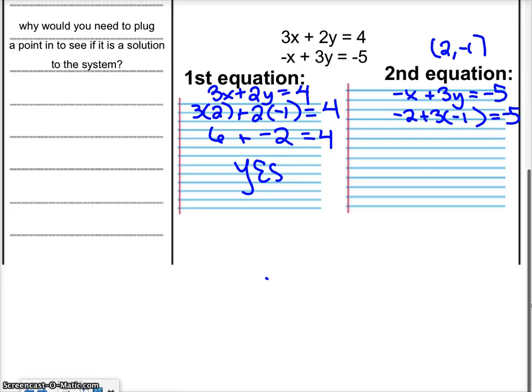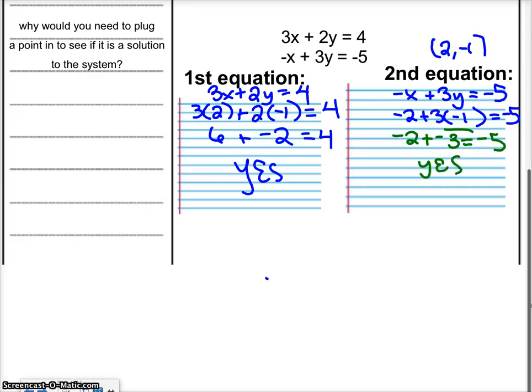Does -2 plus 3 times -1 equal -5? Hey, don't forget to multiply first. Don't do -2 plus 3 first. Kids will do it. Don't do it. Order of ops. So -2 plus -3, does that equal -5? Yes.